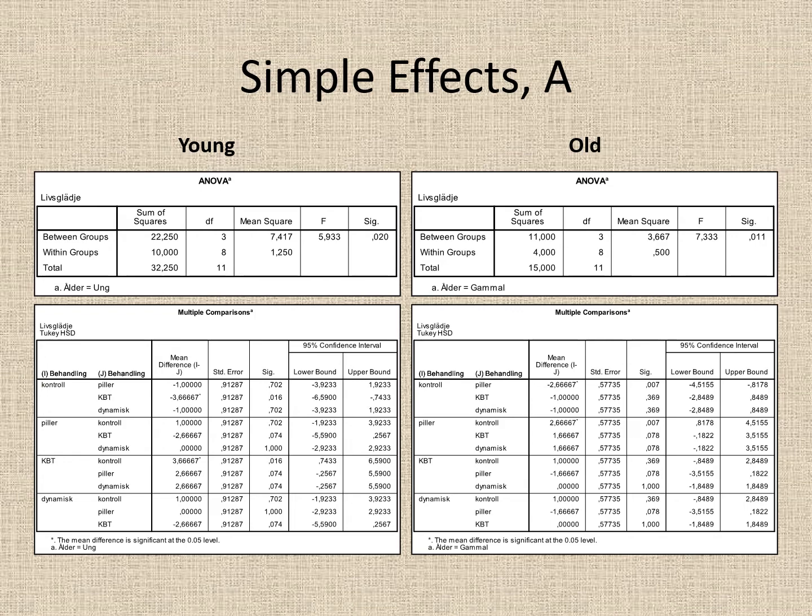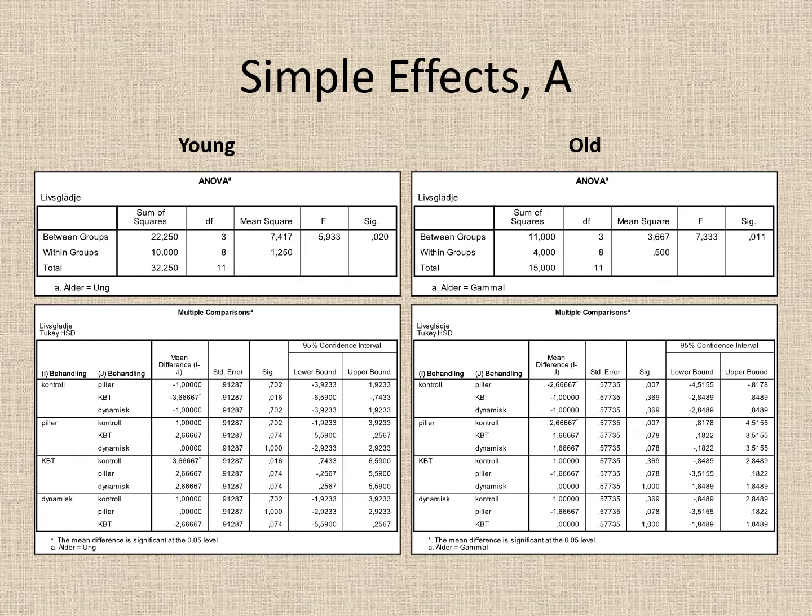Control compared with cognitive therapy. Mean difference -3.7. So the mean in the cognitive group is 3.7 points higher than in the control group, and it's significant. And so on. Control compared with dynamic therapy. No difference. And so on. So all pairwise comparisons.